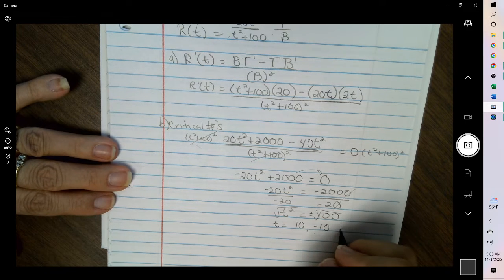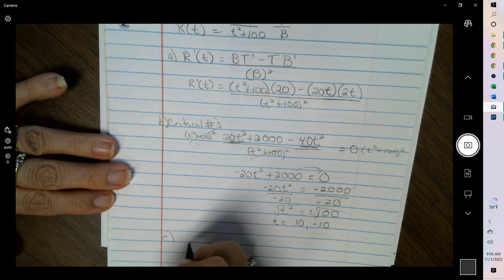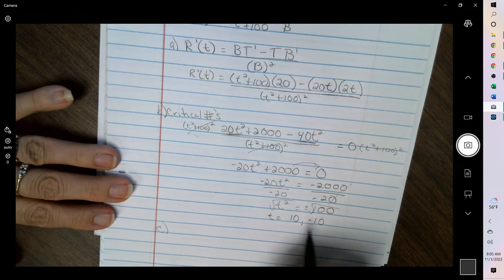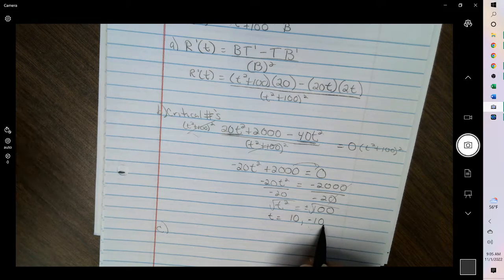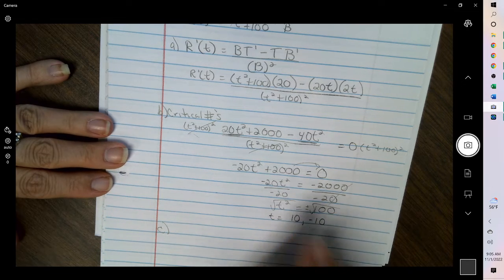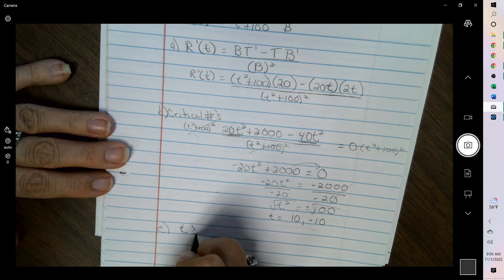But they are both critical numbers. To find the highest rating, we would use the positive 10 because you can't have negative minutes. So you don't technically need to take both of them because we know that our time has to be greater than or equal to 0.